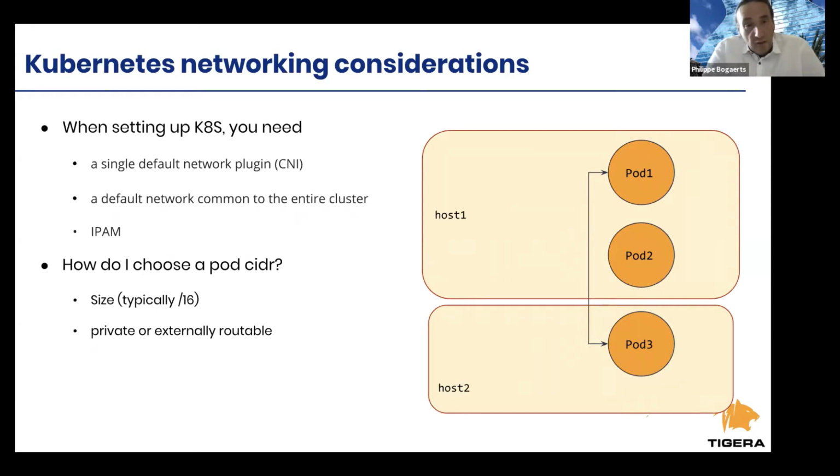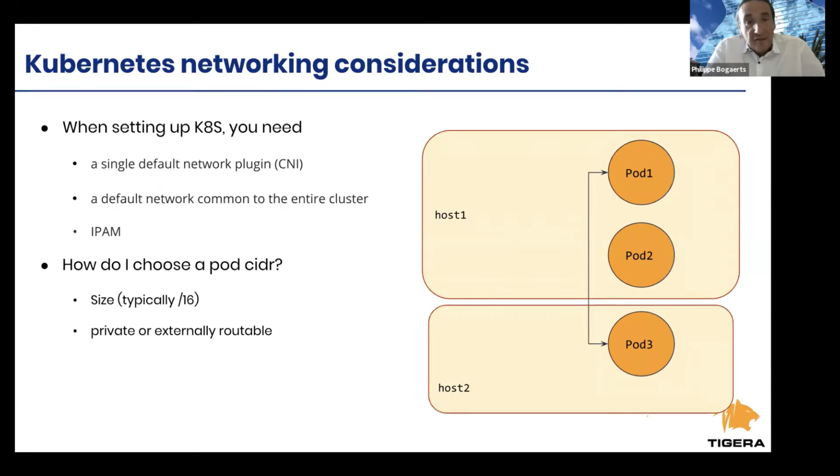Now, one thing to know is that Kubernetes itself doesn't provide any networking. Kubernetes actually depends on what is called a container network interface, a CNI, which is essentially a plugin that will provide us network connectivity.